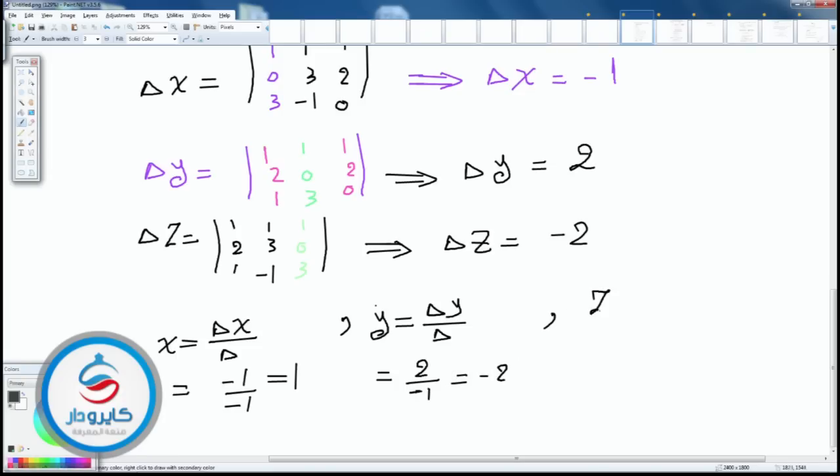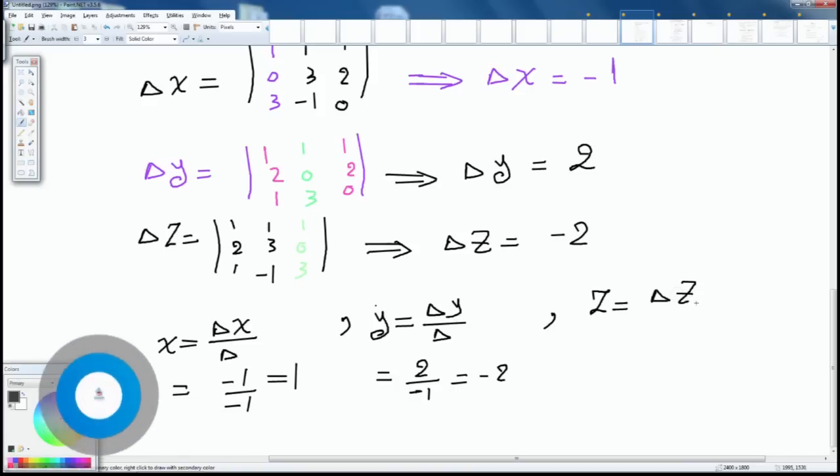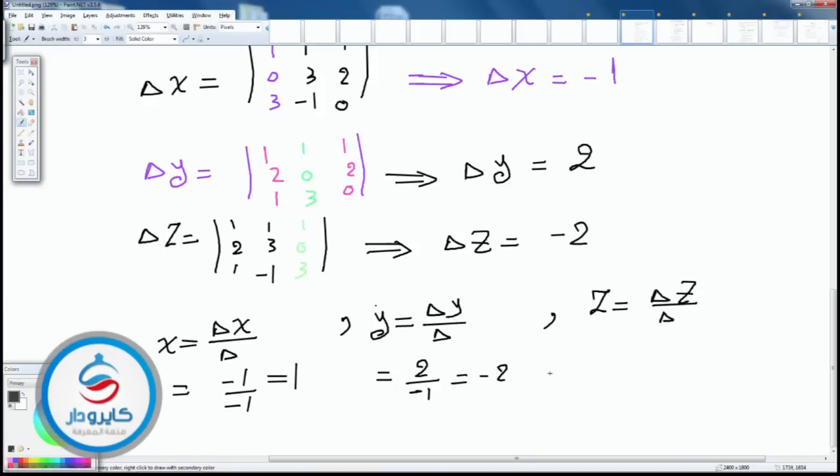And finally z equals delta z over delta, that means z equals negative 2 over negative 1 equals 2. Now the solution set equals 1, negative 2, and 2.